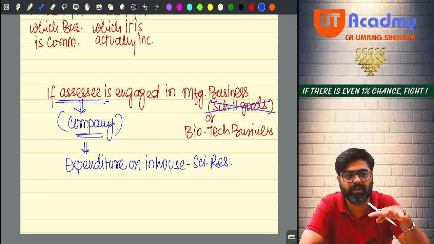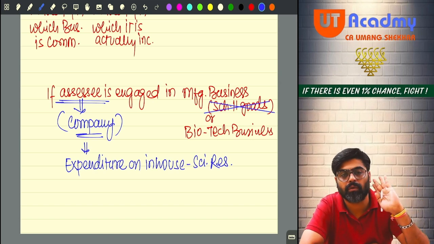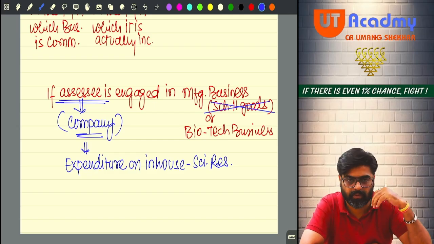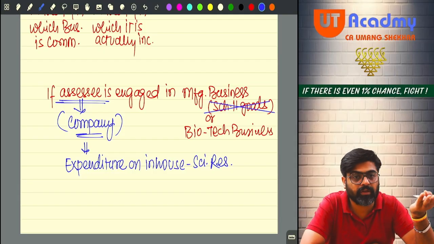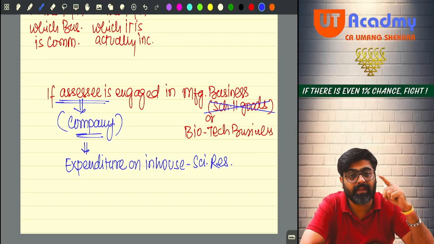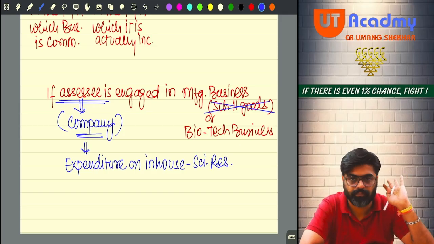Okay, in-house means you are doing that research on your own, either in your own lab or you are getting it done through some outside laboratory, but it should be approved.